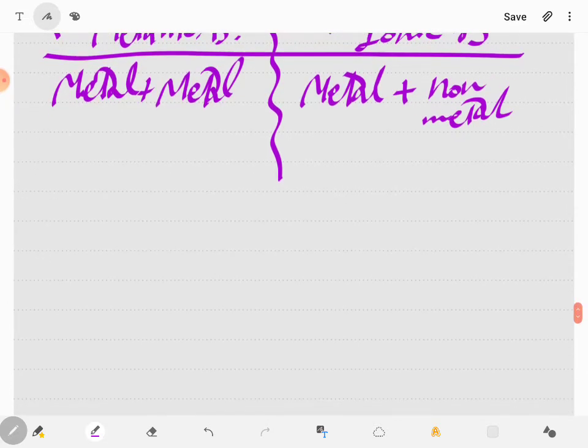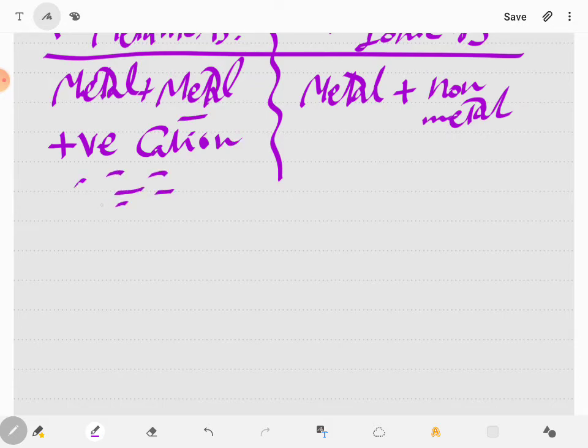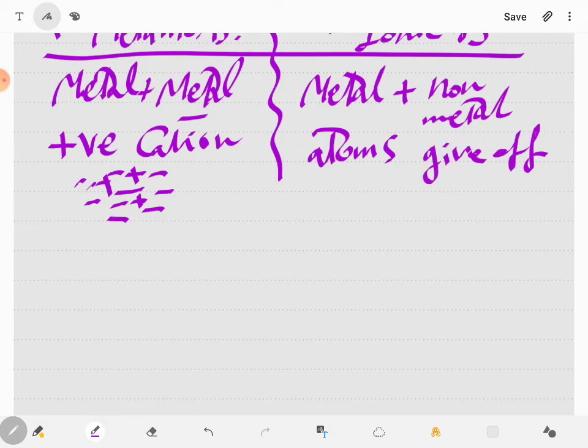What else? Here, as we saw, the atoms release the electron and create a cation. Did the electron go away? No, it's floating. I said it's like a cloud around the positive ones. But here, no, the atoms completely give off their electrons, or the other one accepts the electron.